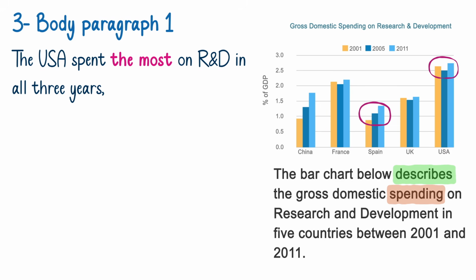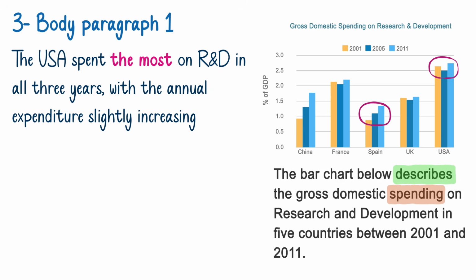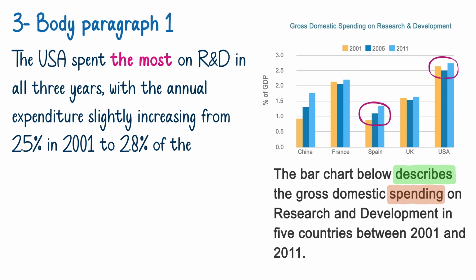It means that in 2001, 2005, and 2011, the USA was the leading country in spending on R&D, with the annual expenditure slightly increasing from 2.5% in 2001 to 2.8% of the country's GDP in 2011.